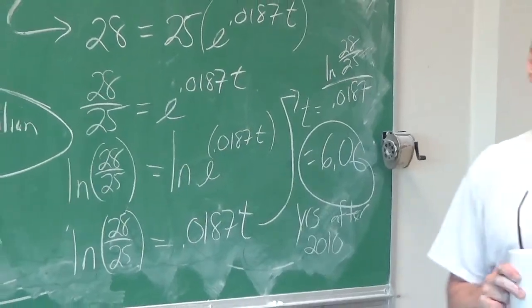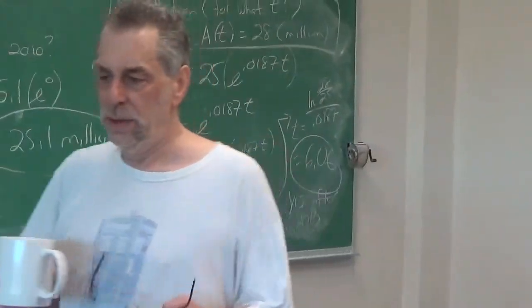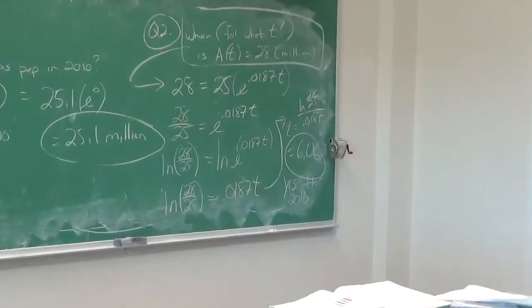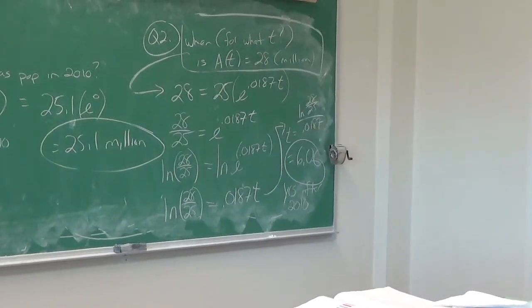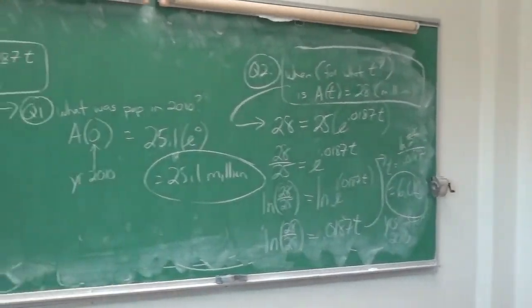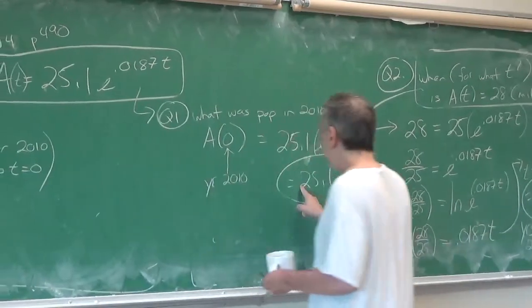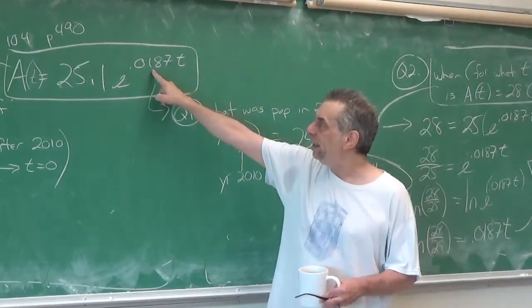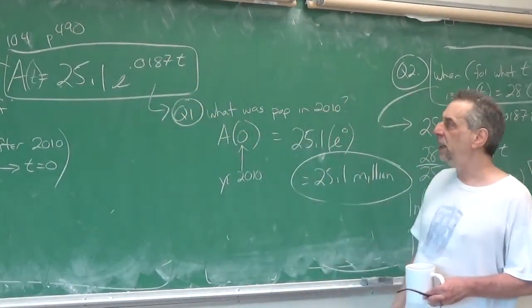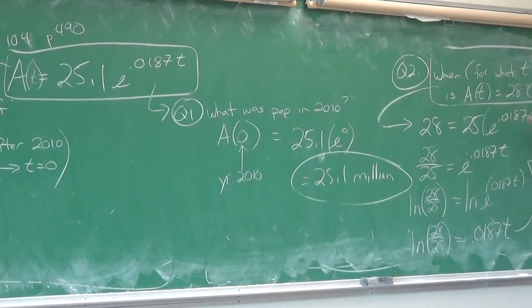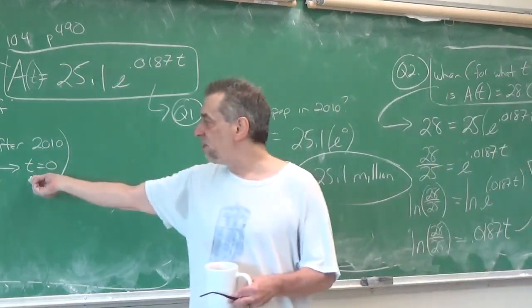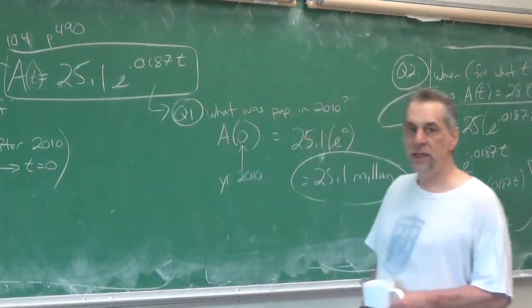So 2016 or so, a little bit into the year 2016, according to that model. If the population was 25.1 million in 2010, and it's growing at this rate, which we'll get to in the next section. Solving that equation gave us a little bit more than 6 years after 2010, so our answer is the year 2016.